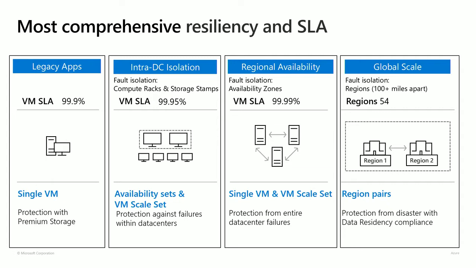In that case, you might consider availability sets or VM scale sets. Those allow you to spread VMs within a certain data center. So we will make sure that the same resources are not used by the VMs inside this scale set or availability set.